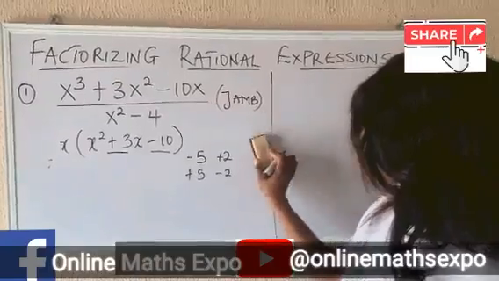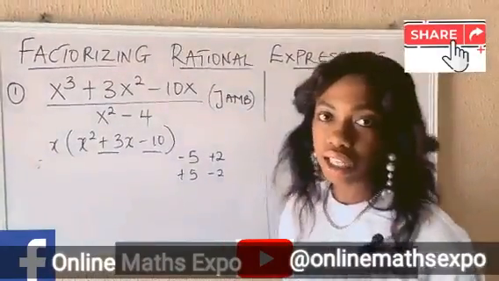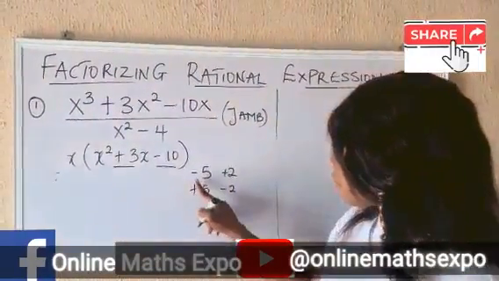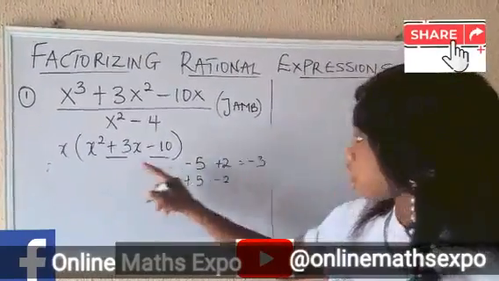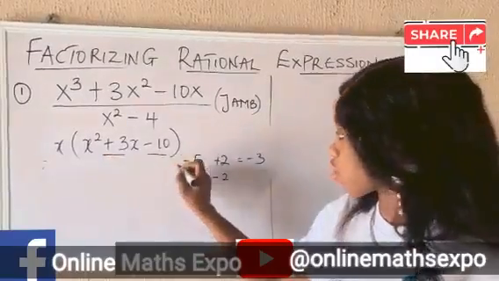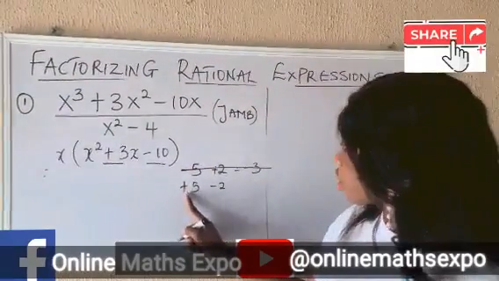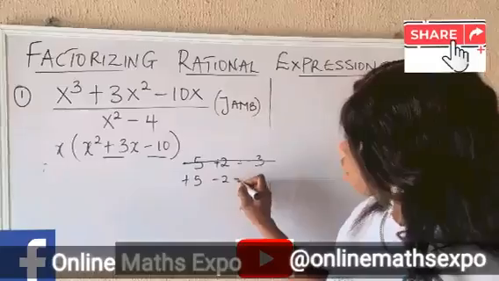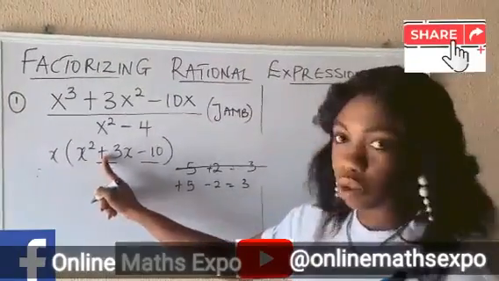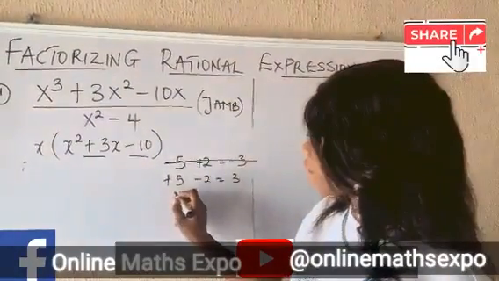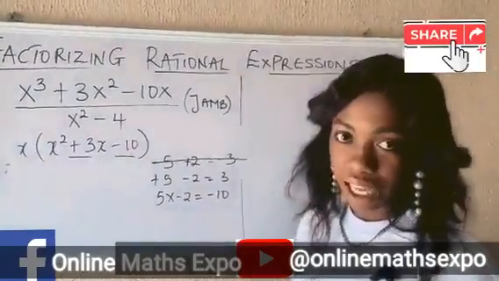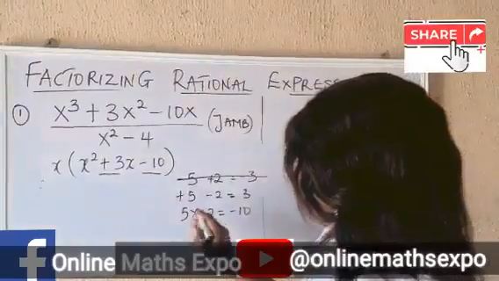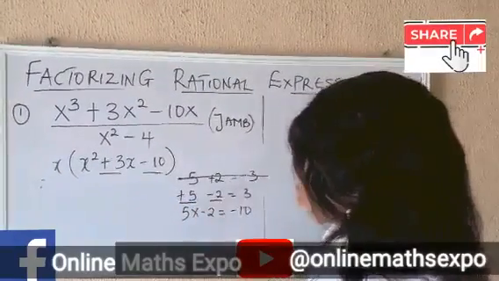Let's check the one that will give us what we are looking for. Minus 5 plus 2 will give us minus 3, but what we are looking for is plus 3. So this is off. Plus 5 minus 2 will give us 3, which is what we have here. And when you multiply 5 by minus 2, it will still give us minus 10. So in that case, we are using 5 and minus 2.